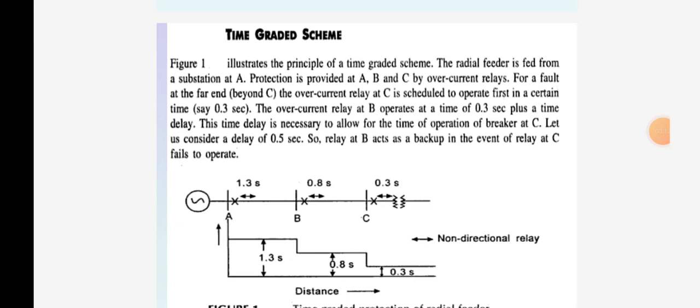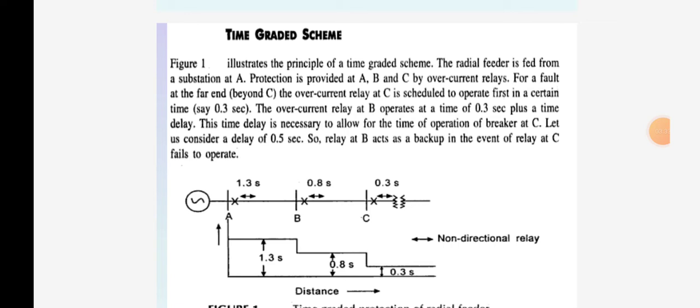For a fault at the far end, beyond B and C, the overcurrent relay at C is scheduled to operate first in a certain time, say 0.3 second. The overcurrent relay at B operates at a time of 0.3 second plus a time delay.